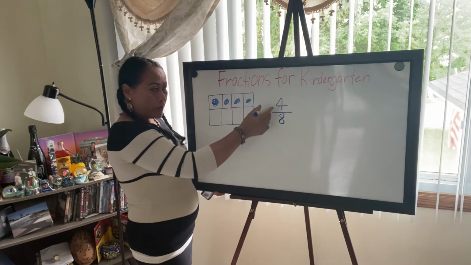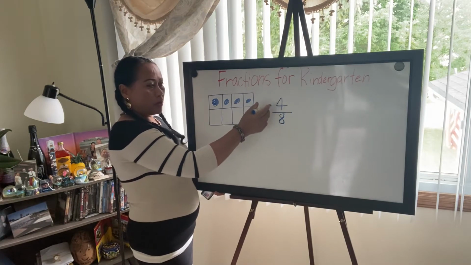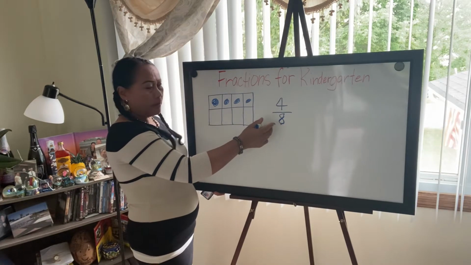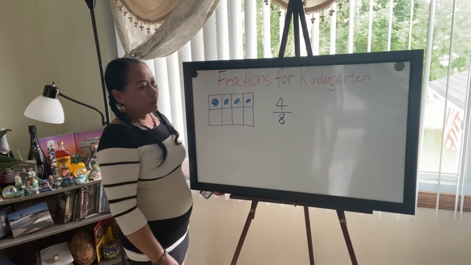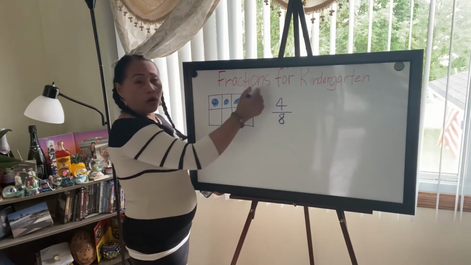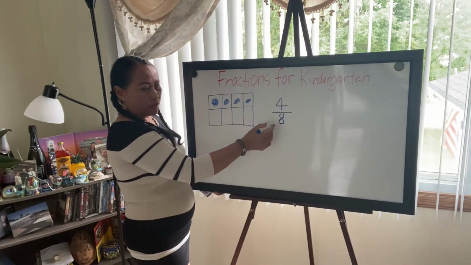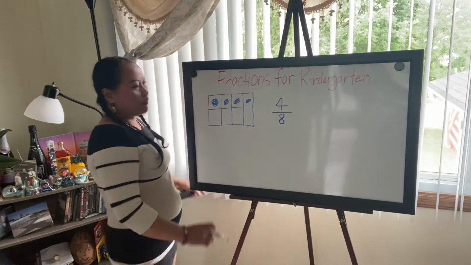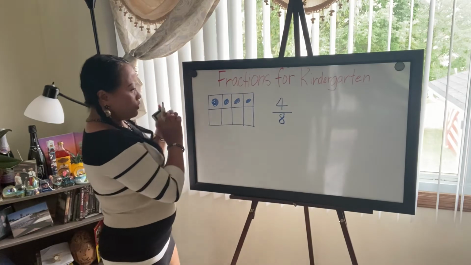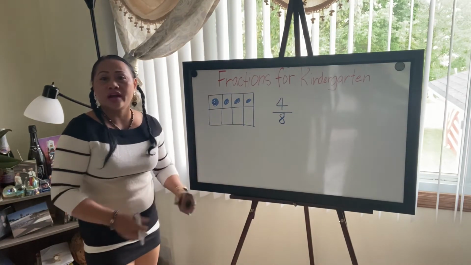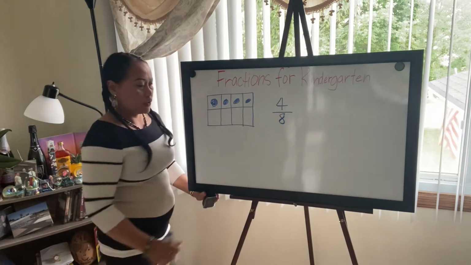Or 4 is part of 8. 4 is part of a whole, which is 8 is a whole. Okay? Okay, another one. We're just learning how to write into fraction.